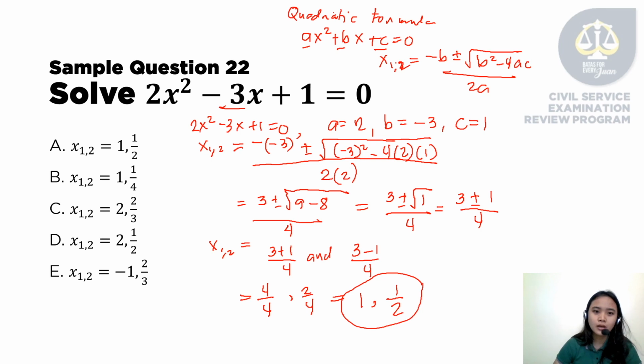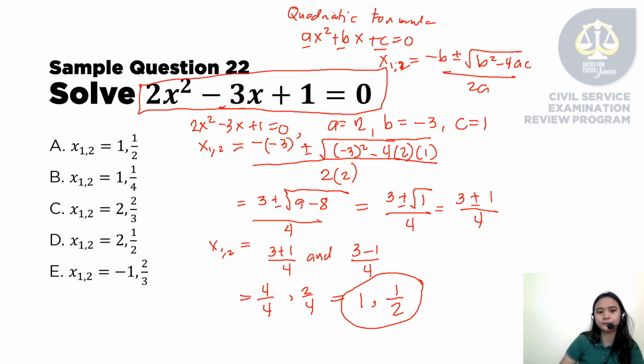So, eto ngayon, yung mga factors of etong quadratic equation natin. So, for the choices, letter A natin ay 1 and 1 half, B natin ay 1 and 1/4, C natin ay 2 2/3, D is 2 and 1 half, E ay negative 1 and 2/3, and obviously, yung sagot natin dito ngayon ay letter A.